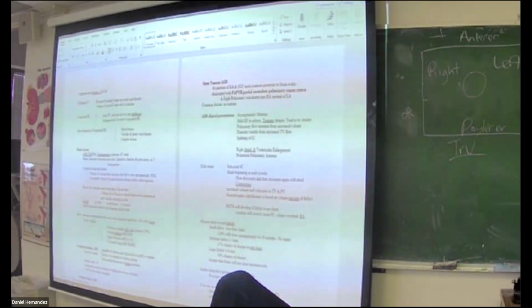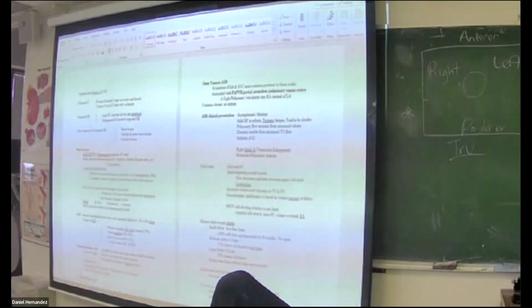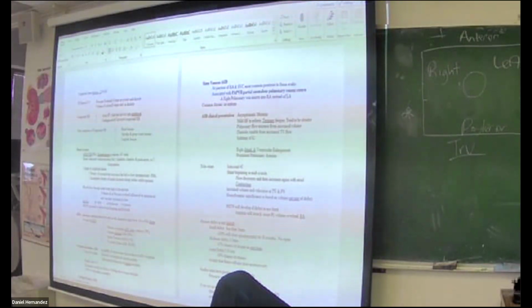CVA is a full stroke with permanent neurologic deficit, so after a stroke patients have permanent paralysis or speech problems, vision problems, weakness on one side, or permanent facial movement changes.